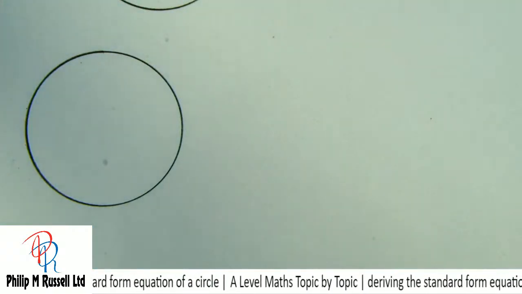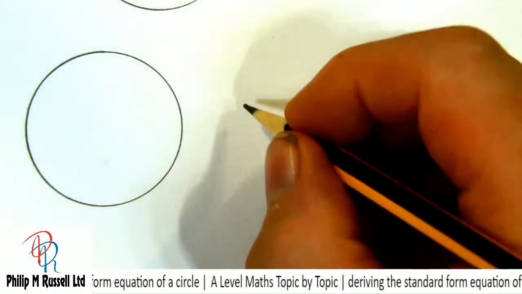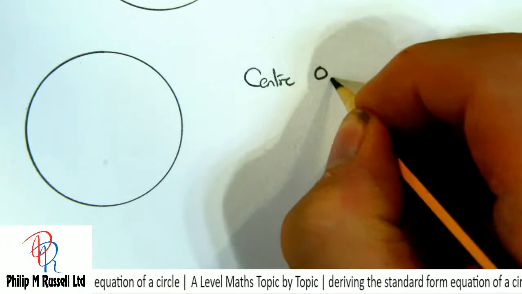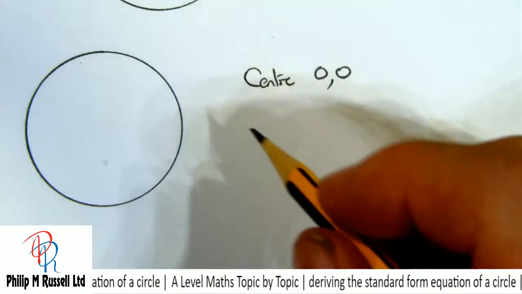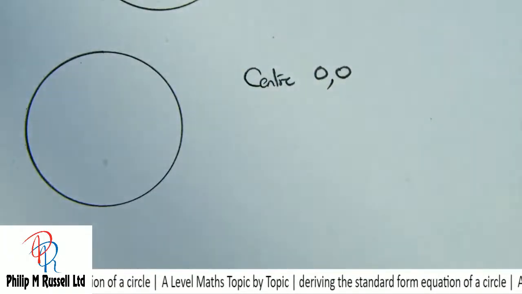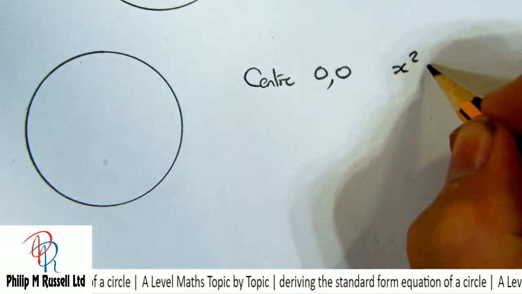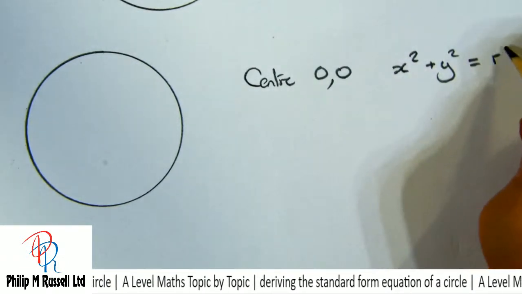For any particular circle, we have the equation of a circle. If it's got a center of 0, 0, then this is a special equation here. This is going to be our x squared plus y squared equals the radius squared.